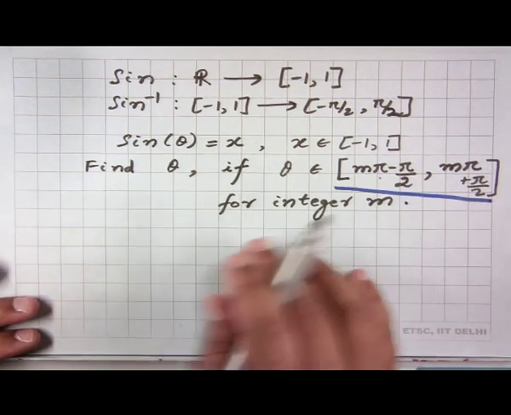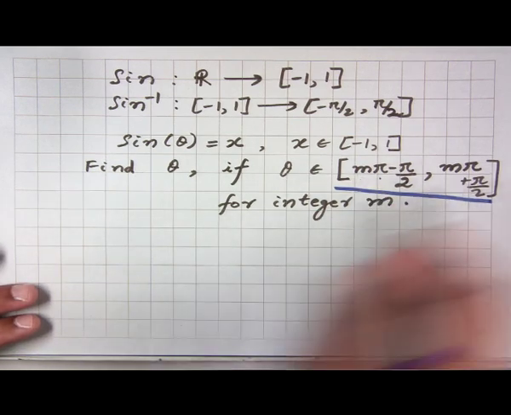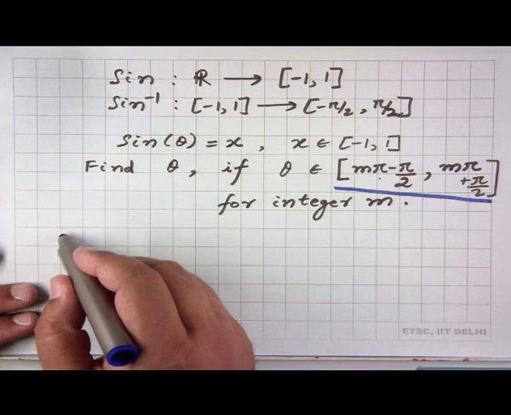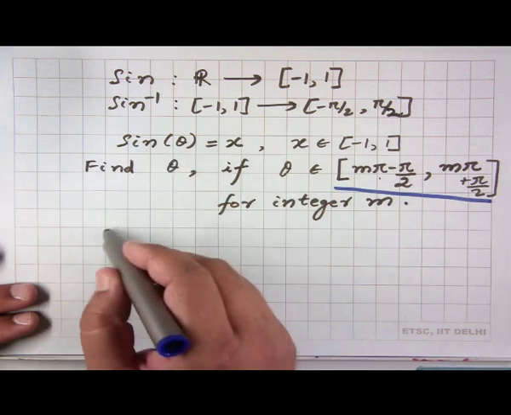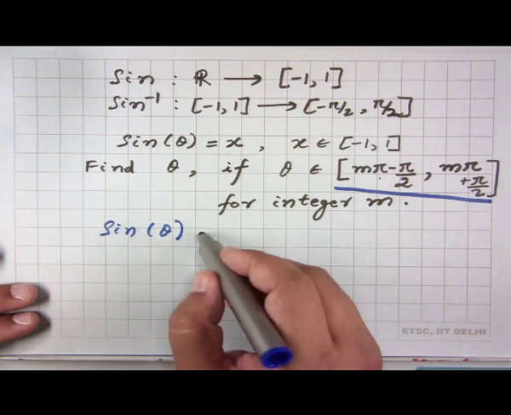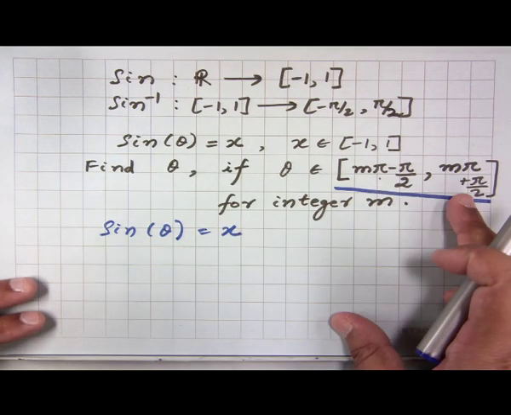So, this is not very tough. Of course, we need to consider even and odd m. So let us say we start by writing the equation sin theta equals x, and we are told that theta belongs to this interval.